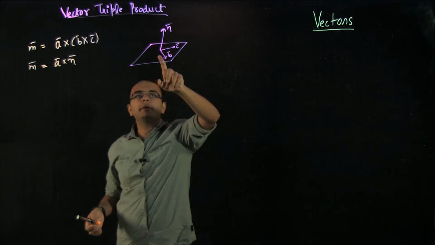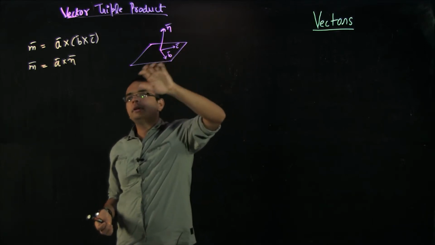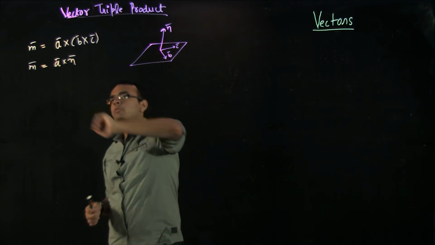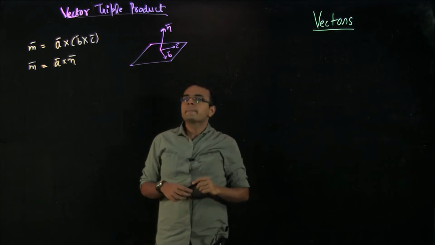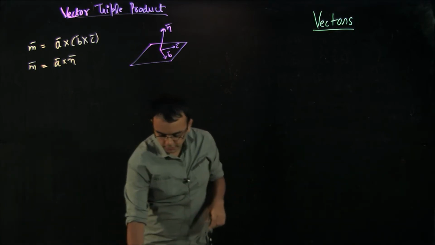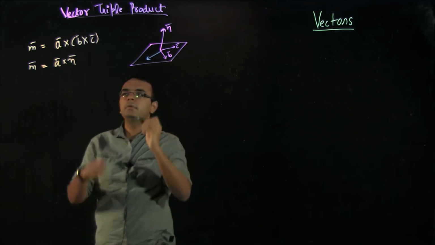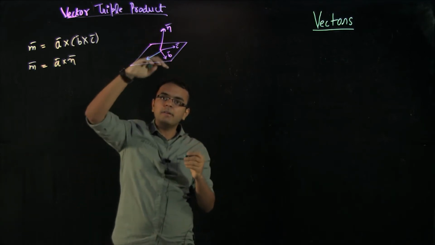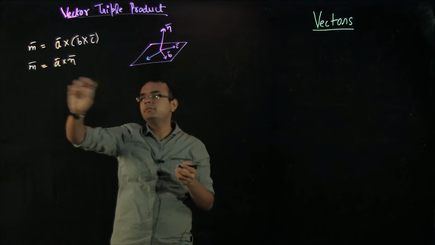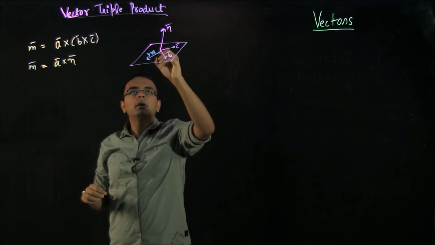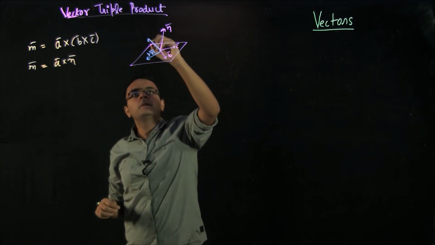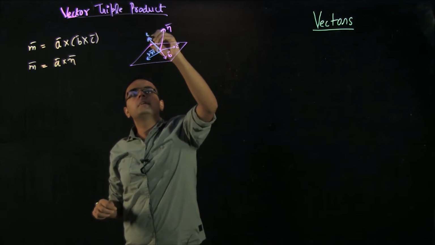So N, which is B cross C, is a vector perpendicular to the plane of B and C, and M is a vector perpendicular to both A and N. Any vector perpendicular to N would lie in the plane of B and C, because all the vectors perpendicular to N lie in the plane of B and C. So M is also such a vector. However, M also has a special property that it is perpendicular to vector A.